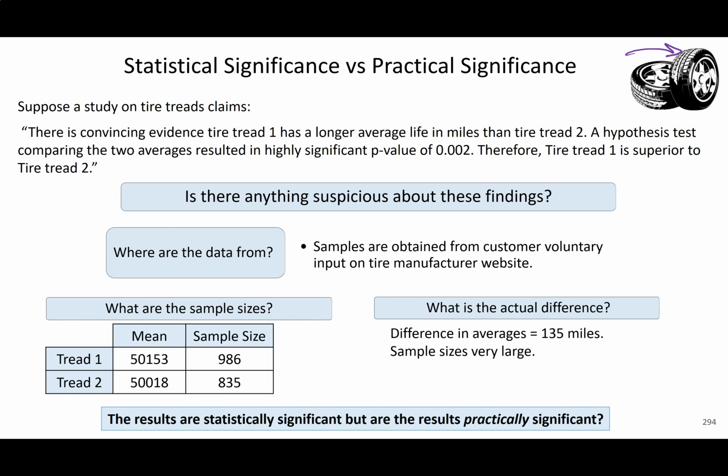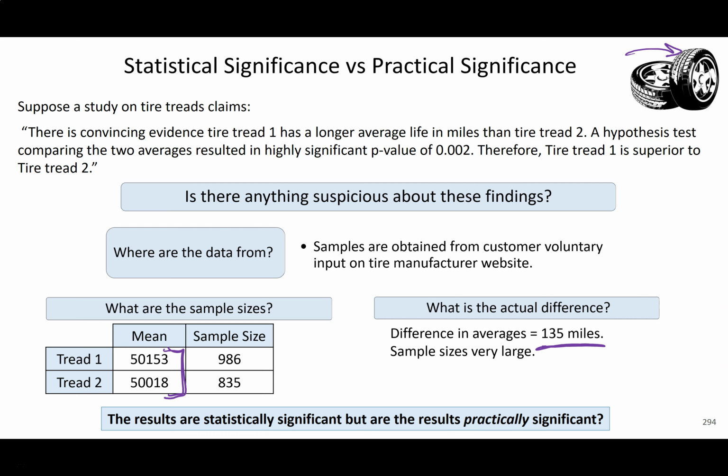So it looks like we had 986 folks with TireTread1, 835 with Tread2. And look at these means. So they're both really close to 50,000 miles. One's 50,153 miles. One is 50,018 miles. That's actually pretty close. Considering they're both around 50, like a difference of 135 miles relative to the 50,000-ish that they went.